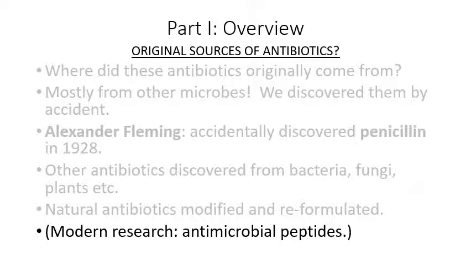And so the new research has moved on to studies of naturally occurring antimicrobial peptides. If you remember from your first year classes, peptides are short proteins, right? It turns out that many animals, many exotic animals, and including some humans, make interesting short peptides that have the capacity to kill bacteria.